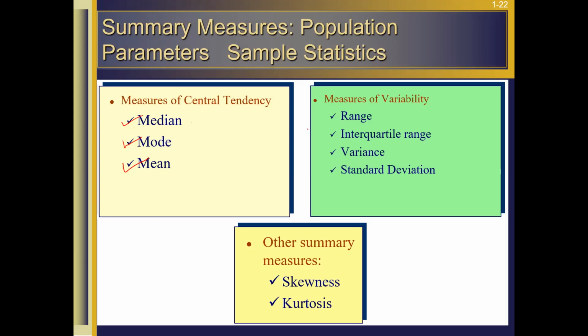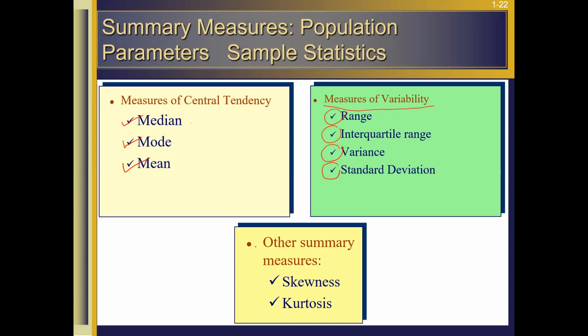When we talk about measures of variability, there are range, interquartile range, variance, and standard deviation. In Sinhala, range is parasaya, interquartile range is antarchaturtaka parasaya, variance is vichalatavaya, and standard deviation is sammata apagamane.